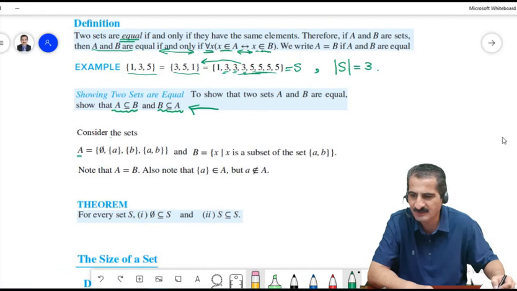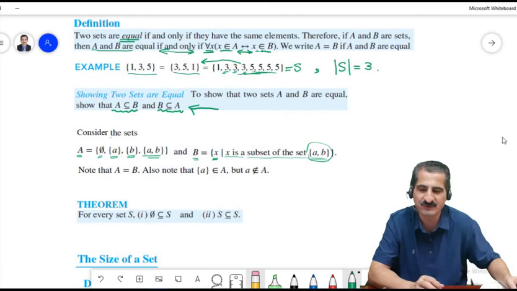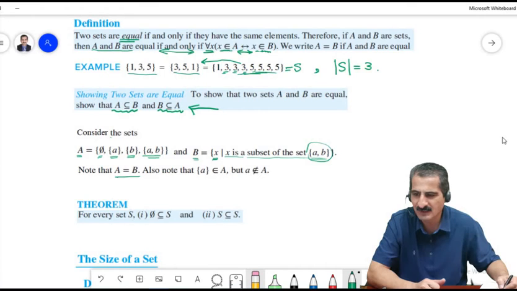If we take this set to be the empty set, singleton set A, singleton set B, and the set containing A, B, and if we take the set B to be all X such that X is a subset of {A, B}, we want to see all subsets of {A, B}, and there will be phi, which is always a subset of any other set, singleton set A, singleton set B, and {A, B} itself. And then these two sets are equal.